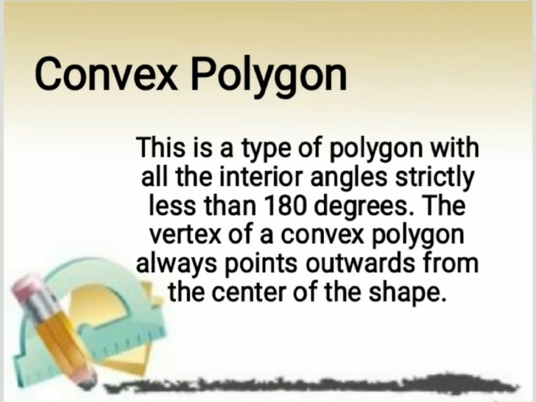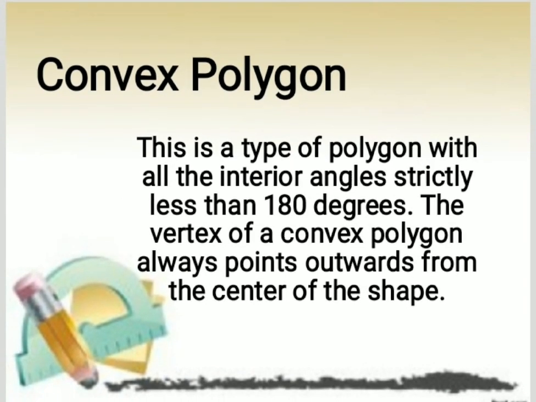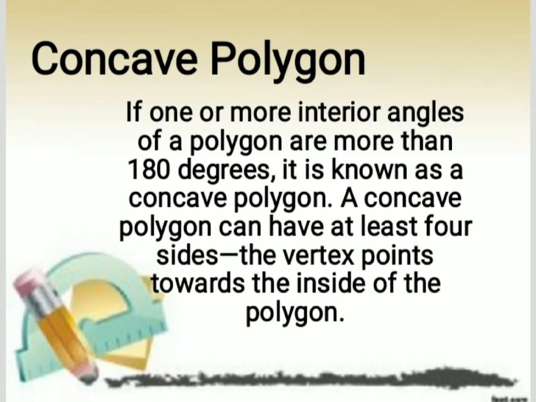Next, convex polygon. This is a type of polygon with all the interior angles strictly less than 180 degrees. The vertex of a convex polygon always points outwards from the center of the shape. Another, concave polygon.